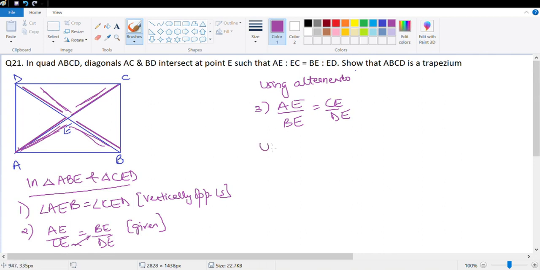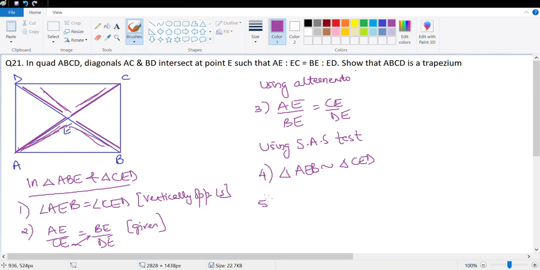So using side angle side test, what we get is point number 4, triangle AEB is similar to triangle CED using SAS test.